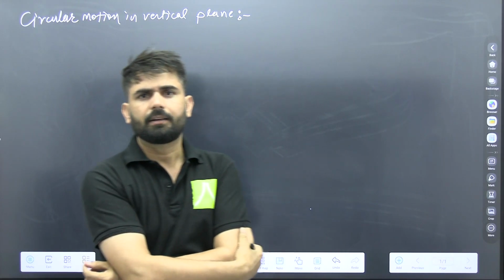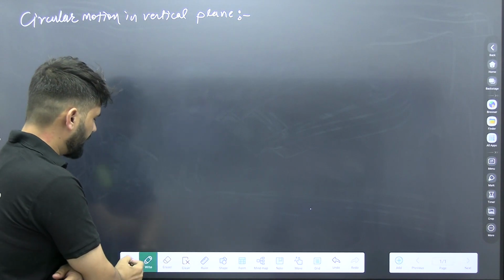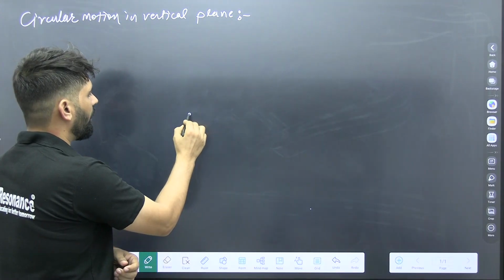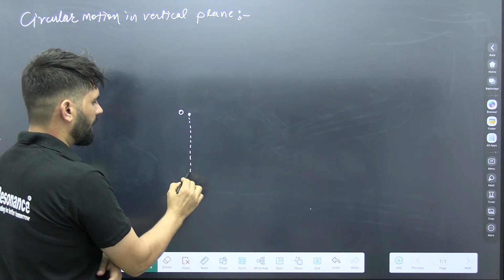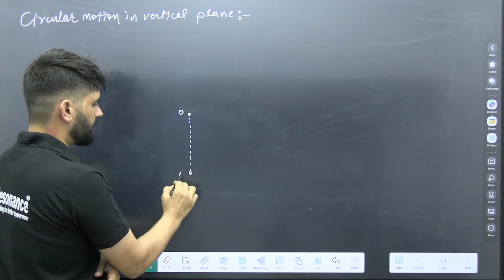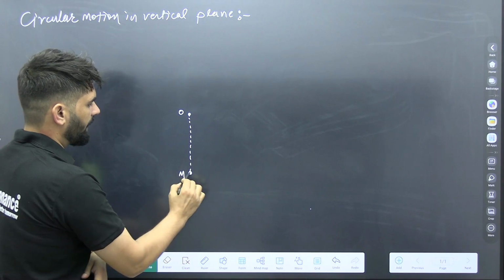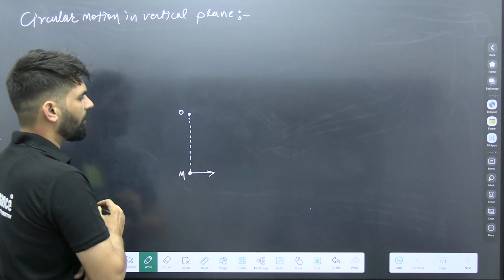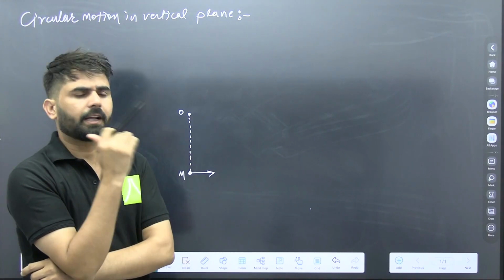Okay, let's start. Let's assume we have a string which is fixed at point O at one end, and a small mass, a bob, is tied at the other end, and this configuration is allowed to move along the vertical plane.